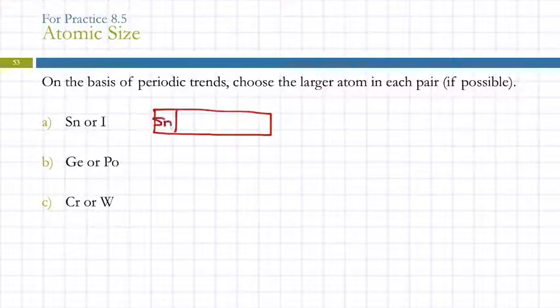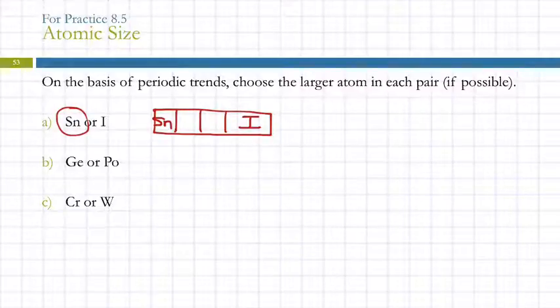There's tin, and over a couple of boxes is iodine. I'm just drawing a little piece of the periodic table to show how they're related. We're going across a period from tin to iodine. Do they get bigger or smaller? They get smaller because the effective nuclear charge increases and pulls the electrons in tighter. So which one's larger? The tin. Okay?